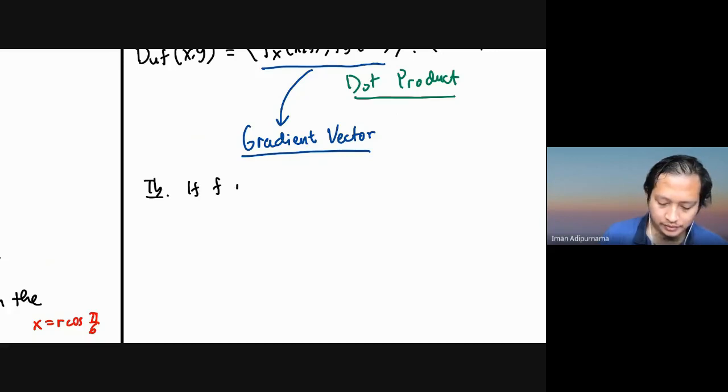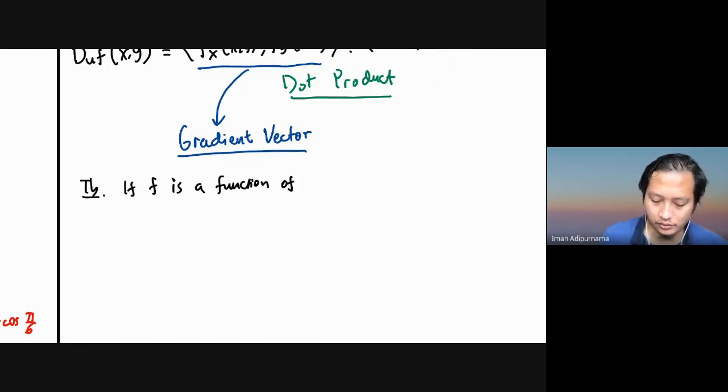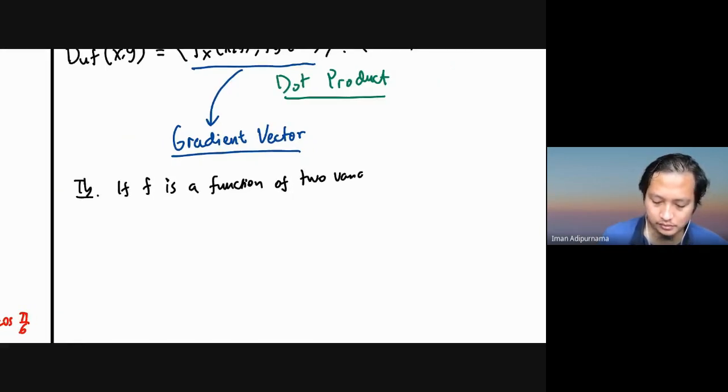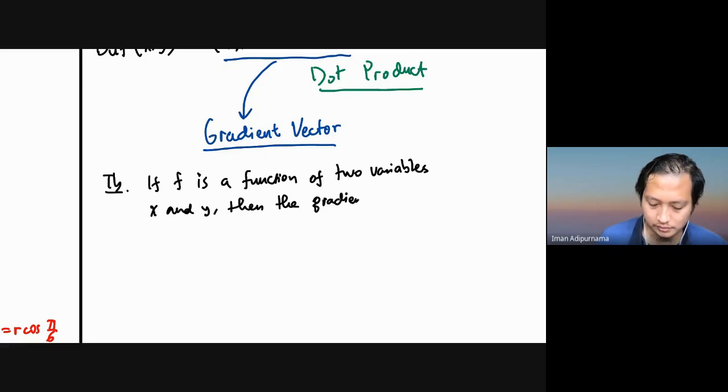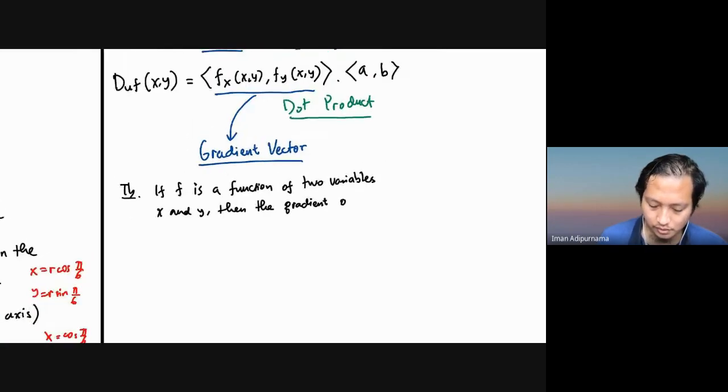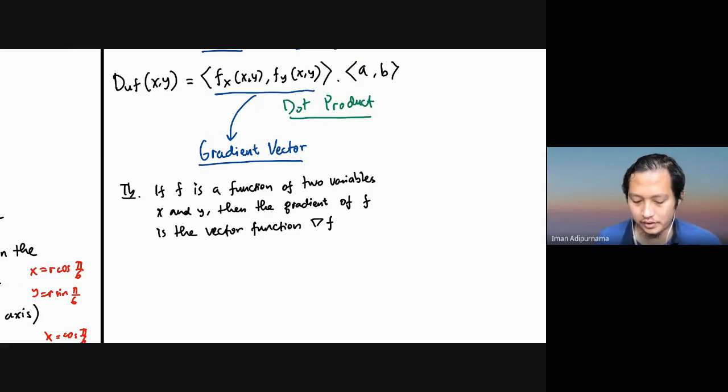So if f is a function of, let's say, two variables x and y, then the gradient of f is the vector function. We write that gradient in this term.